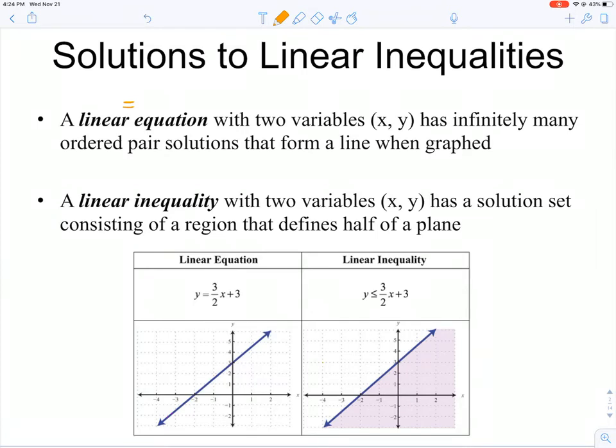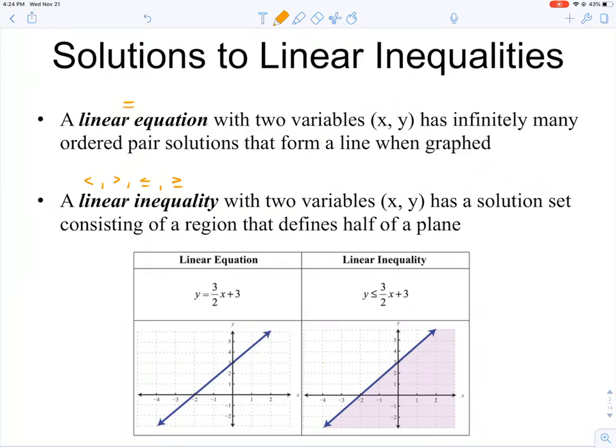A linear inequality with two variables. So inequality, remember those symbols: less than, greater than, less than or equal to, greater than or equal to. A linear inequality with two variables has a solution set consisting of a region that defines a half plane. Linear equations have infinitely many solutions because it's any point that lies on the line.